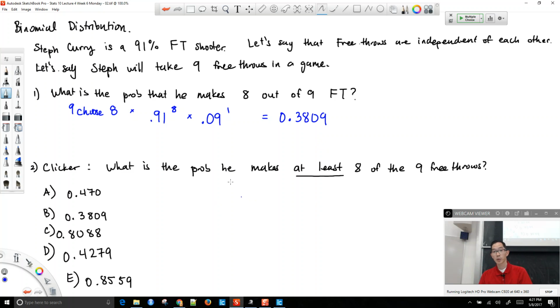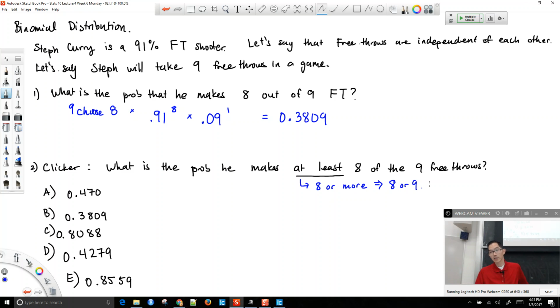All right. What is the probability he makes at least 8 of the 9 free throws? At least means 8 or more. And 8 or more, when you take 9 free throws, means 8 or 9, okay? You can't have 10 because you only took 9 free throws.